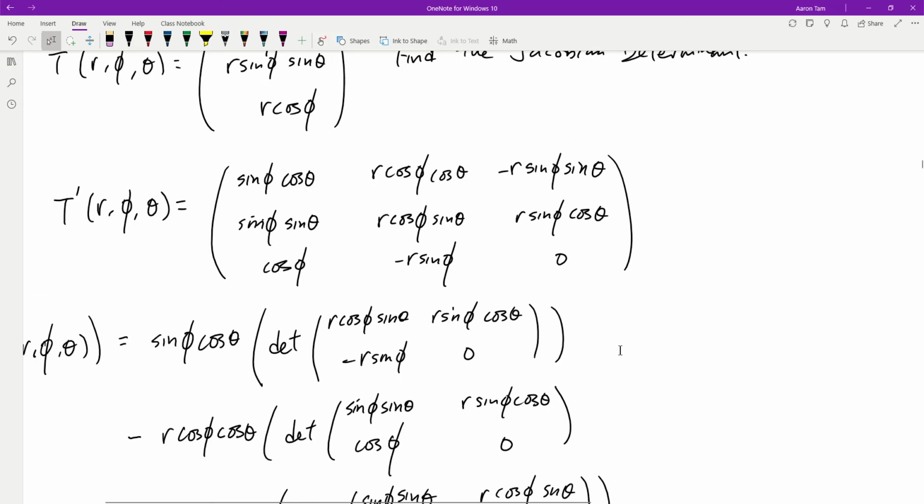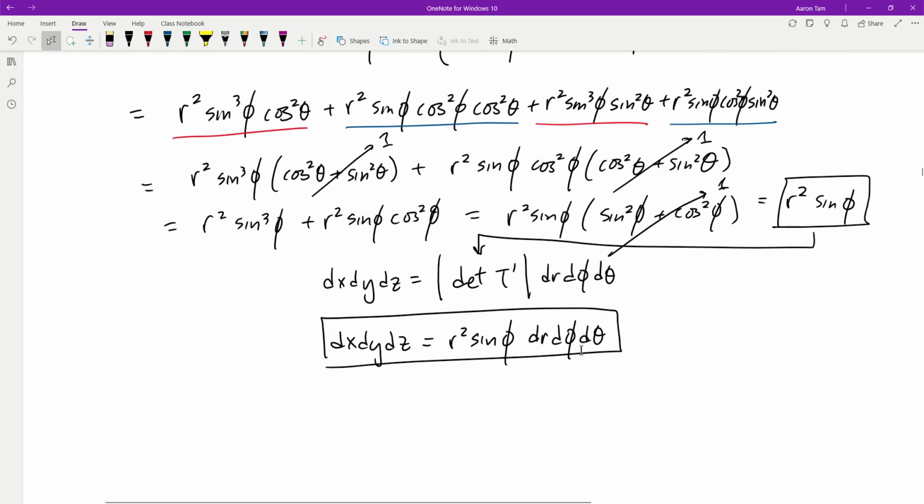For this one, why did I drop the absolute value also? Well, because r squared is automatically a positive number. Sine phi is also a positive number because we only consider phi to go from 0 to pi, which is quadrant 1 and quadrant 2, and the sine of any angle in quadrant 1 and quadrant 2 is always positive. That's the reason why we don't need this.